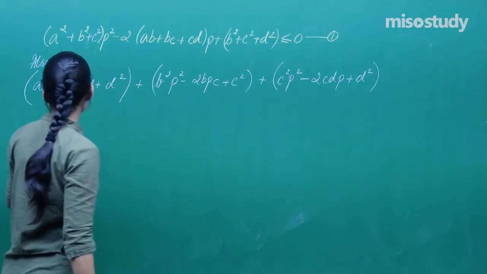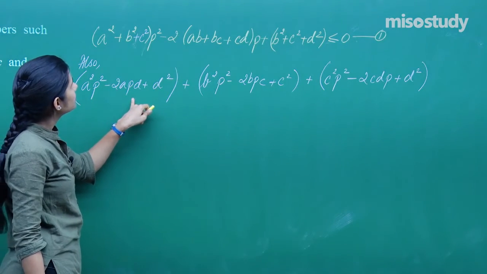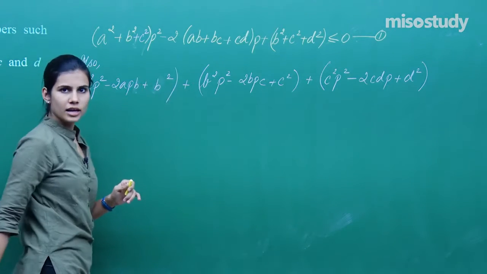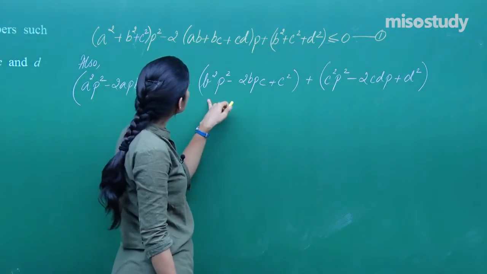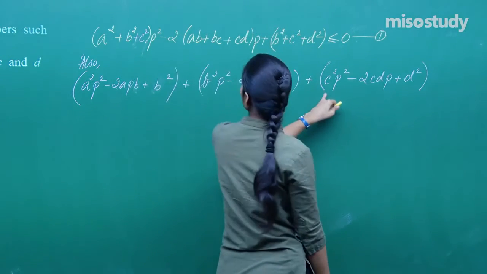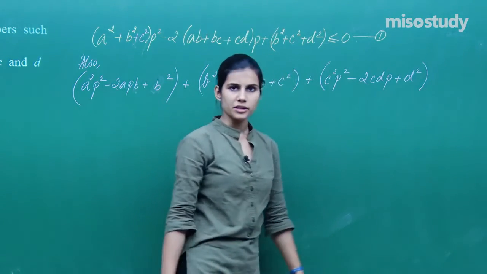What I am trying to say is this is a square p square minus 2apb plus b square. After that we have b square p square minus 2bcp plus c square. Then you have c square p square minus 2pcd plus d square.